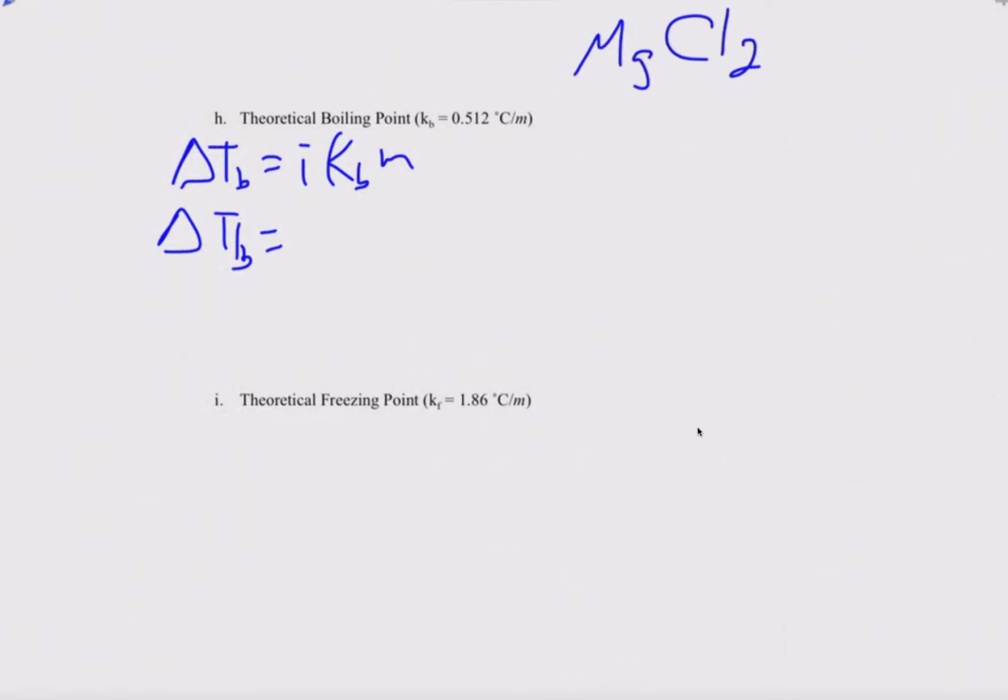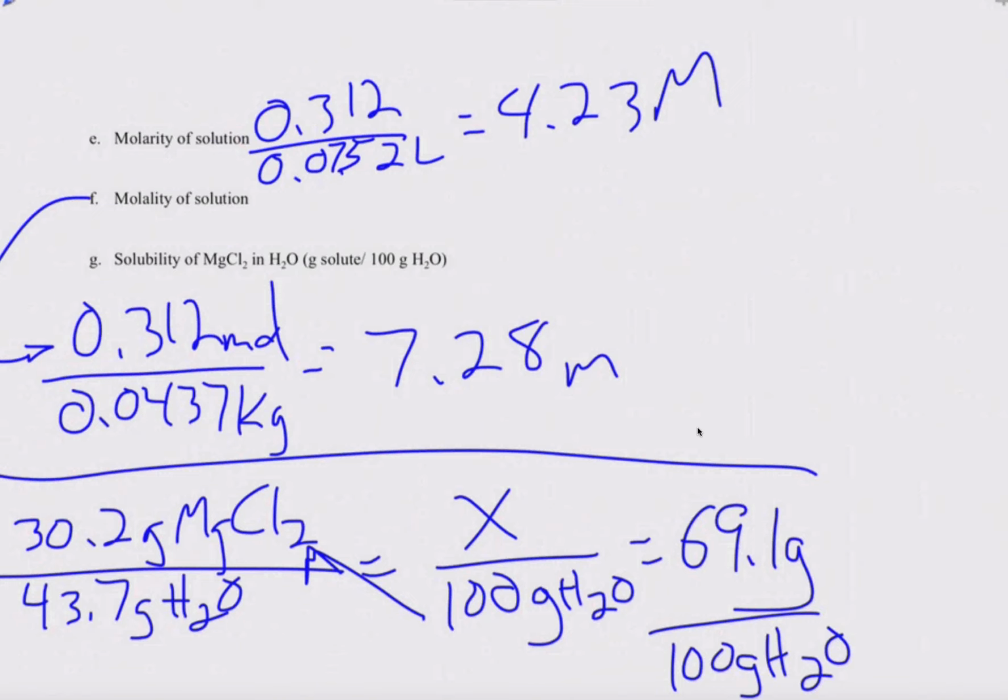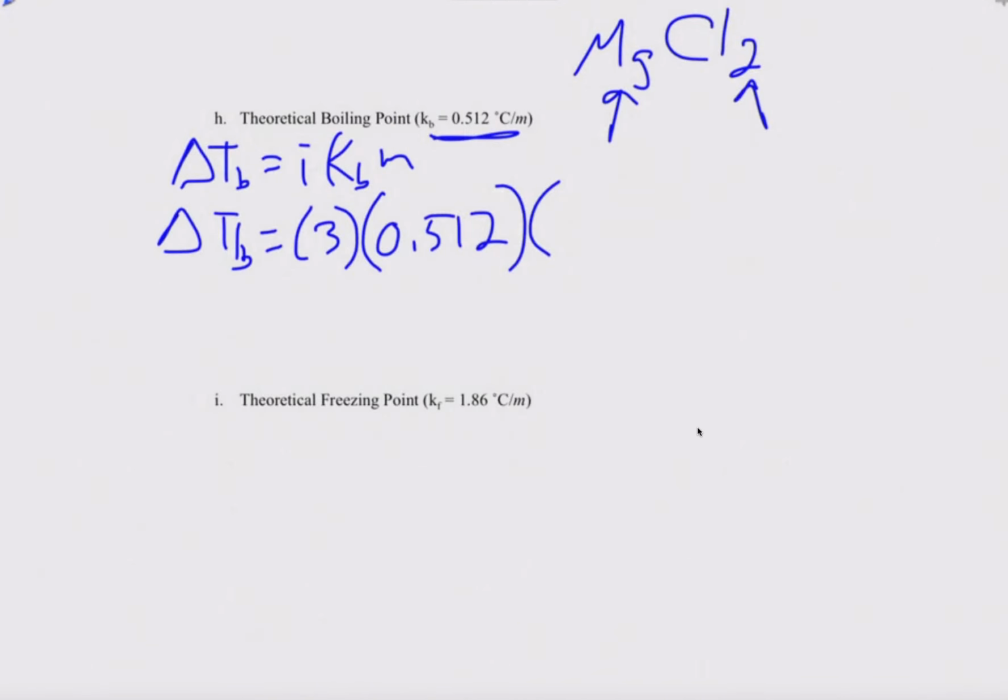Okay, that's the clue. There's two chlorides, there's one magnesium, which means i has a value of 3. It's going to break into 3 different pieces, 1 magnesium and 2 chlorides. KB is given to you right here, 0.512. The molality, well, we calculated that back here at 7.28. So we're going to drop that into our formula here.